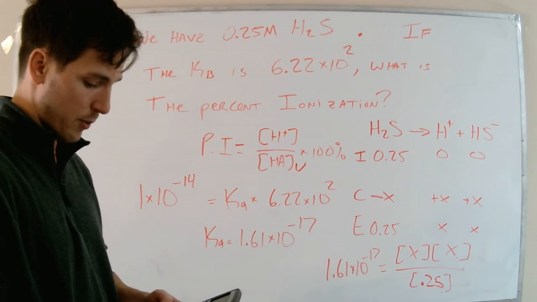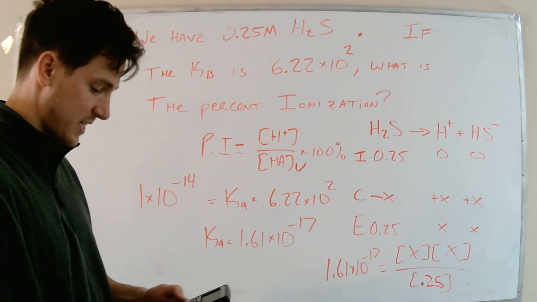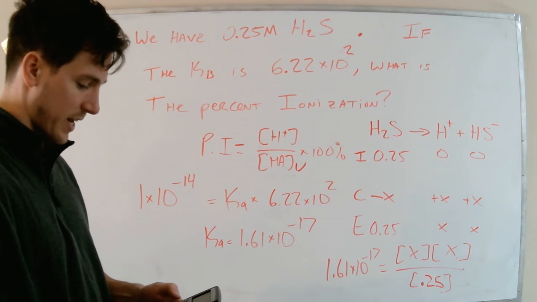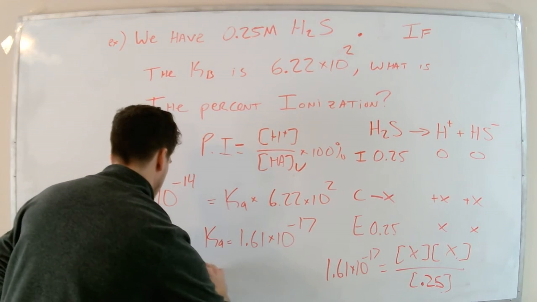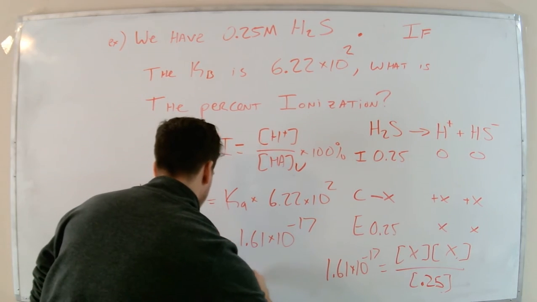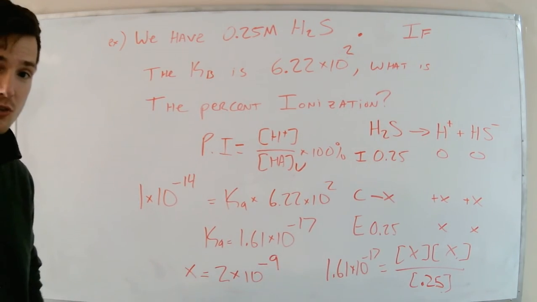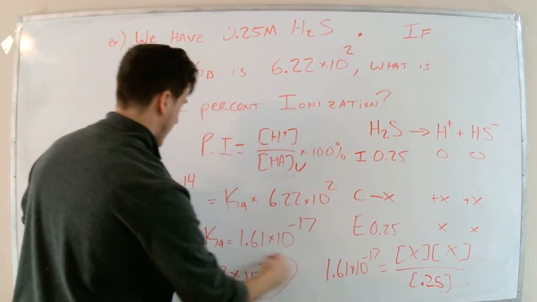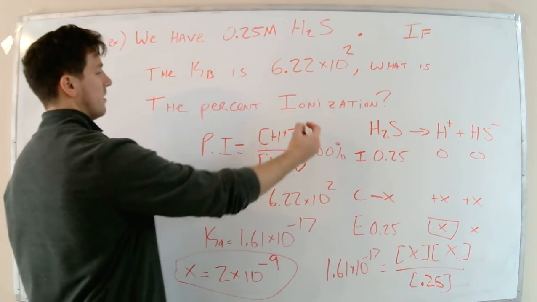We're going to have to take 0.25 times 1.61 times 10 to the negative 17th. We're going to have to square root that answer and get an x of 2 times 10 to the negative 9th, which remember is our H plus.